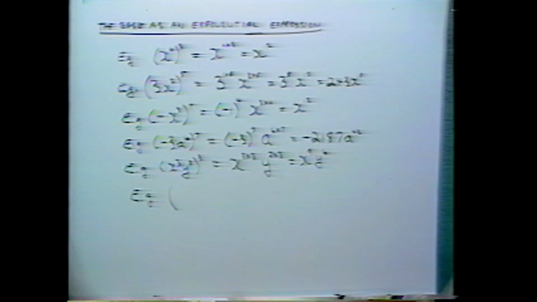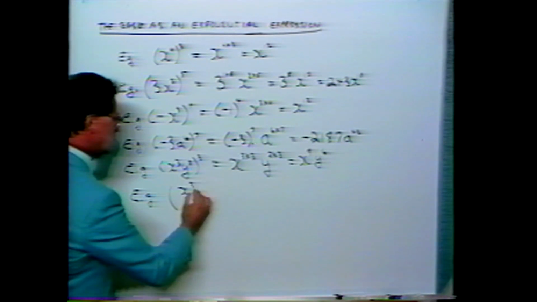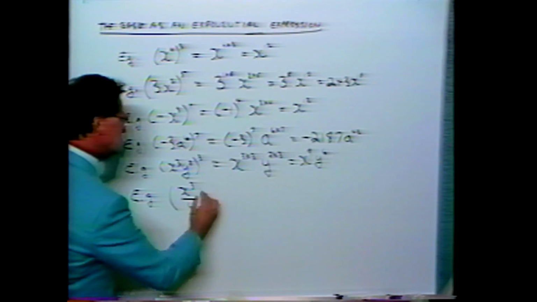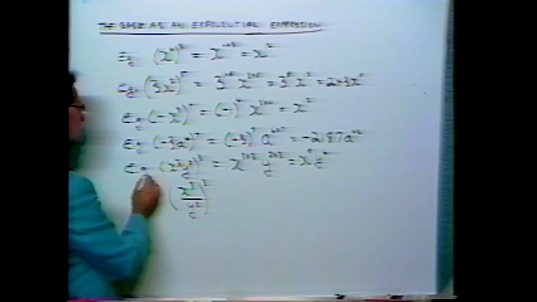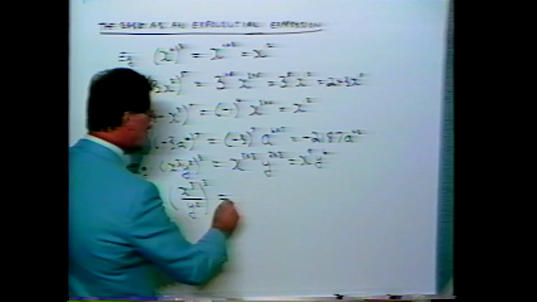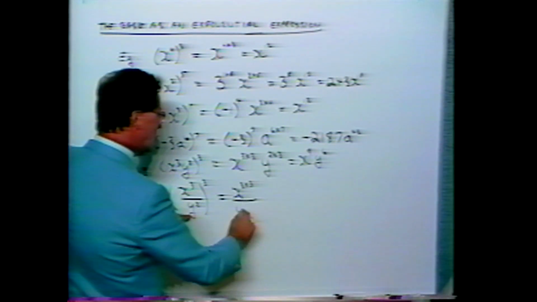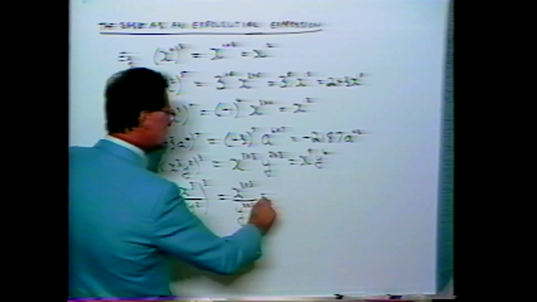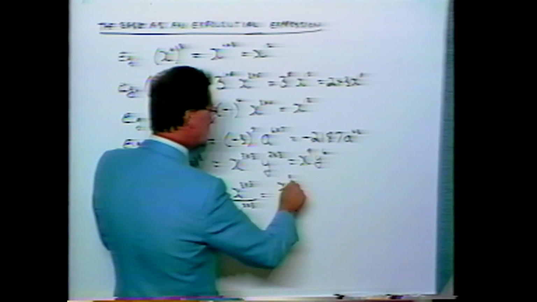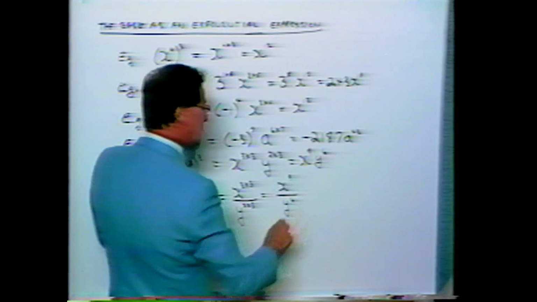Another example, x to the 3rd over y squared, all raised to the exponent 3. This is equal to x to the 3 times 3 over y to the 2 times 3, which eventually becomes x to the 9th over y to the 6th when simplified. You now have all the basic rules, sometimes called laws, of exponents to do any problem which requires simplifying exponential expressions.